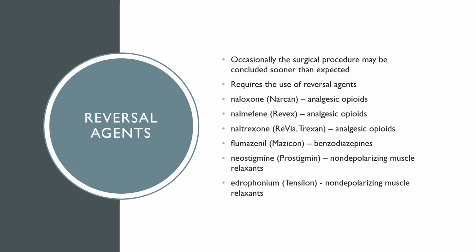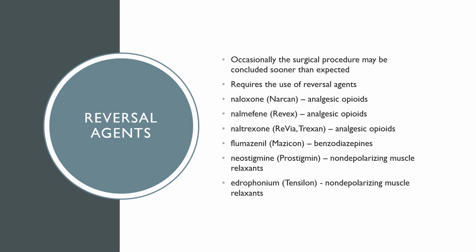Occasionally, the procedure may be concluded sooner than expected, and that's going to require the use of reversal agents. I think the most common that everyone probably has heard of before is naloxone, which is Narcan. So naloxone, nalmefene, and naltrexone are all going to be reversal agents for those opioids that we're putting on board.